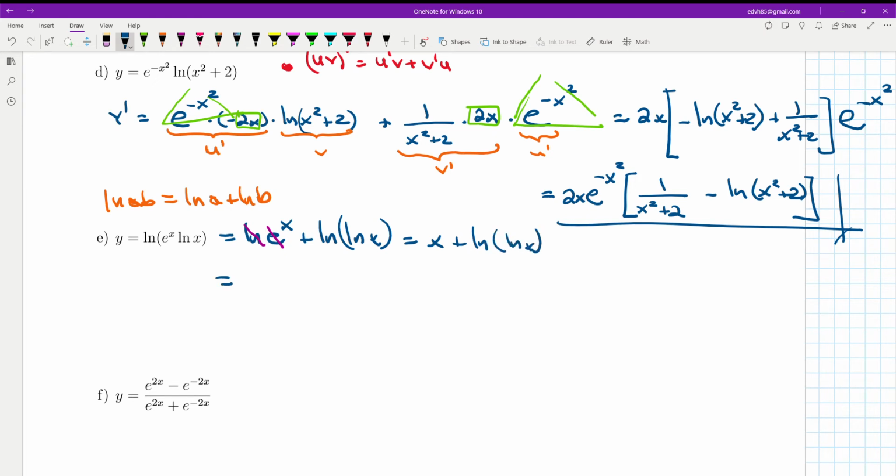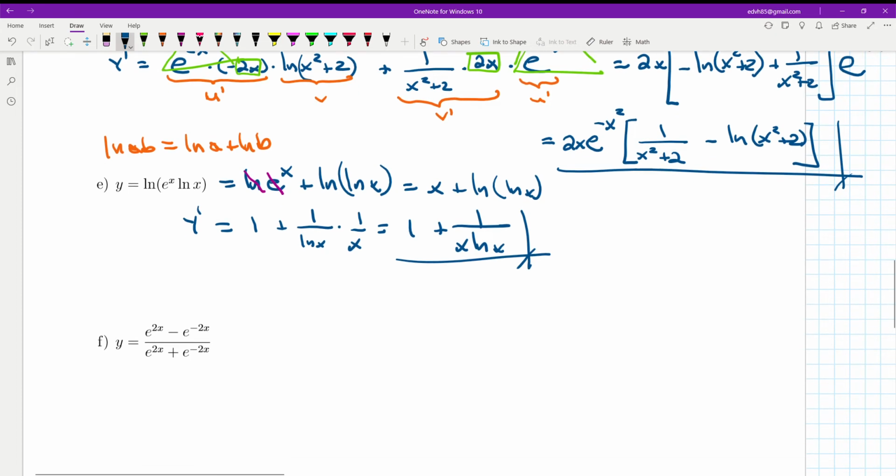Let's take the derivative, y prime. The derivative of x is 1, the derivative of ln of ln x is 1 over ln x, times the derivative of ln x, which is 1 over x. We already did this one before. Let's just combine it the following way: 1 plus 1 over x ln x. And we could leave it like this, that's fine.